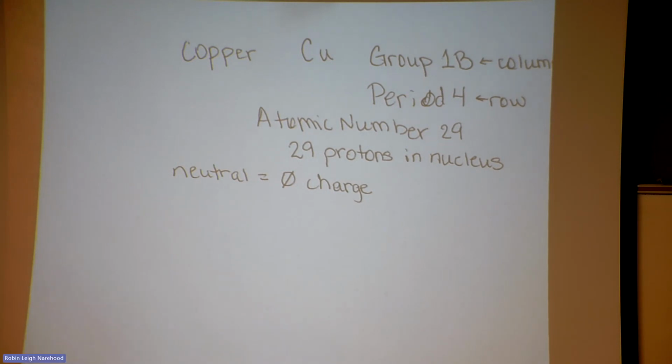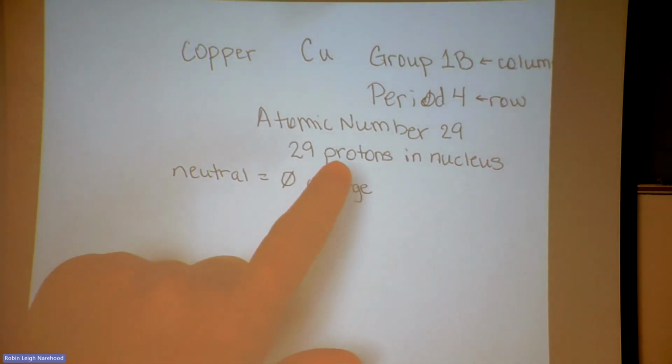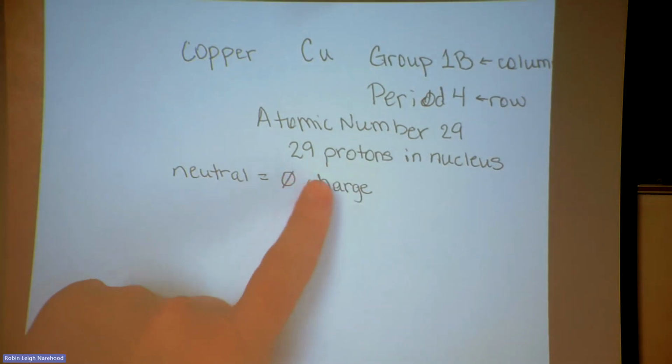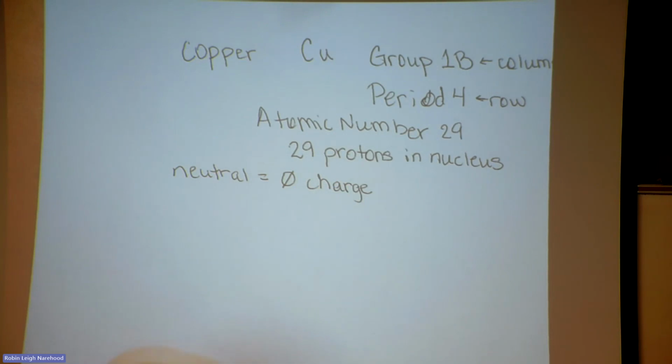The way that we look at an atom and determine whether it has a charge or not is we look at the two particles that make up an atom that give it its charge. One of those is protons. And so protons have a charge. Does anybody know what kind of charge protons have? Positive.